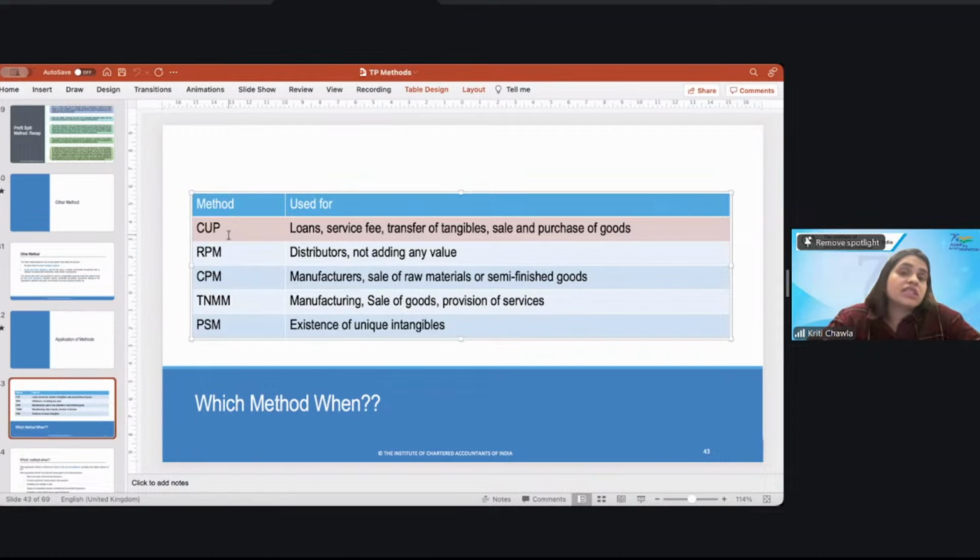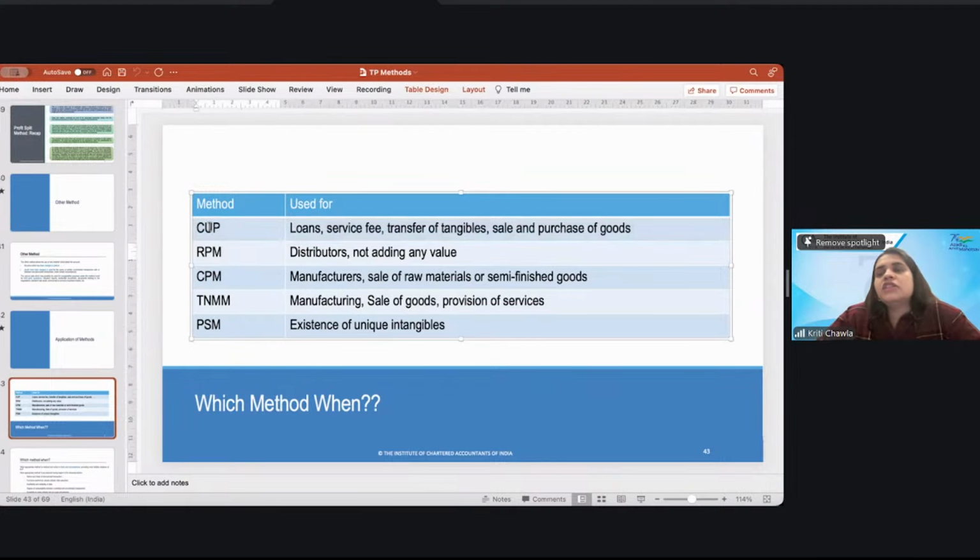It could be a loan transaction, a service transaction, an intangible or a tangible transaction. It could be any kind of transaction, including provision of services. But as long as there is data available on an independent party situation under comparable circumstances, the CUP method will be useful.